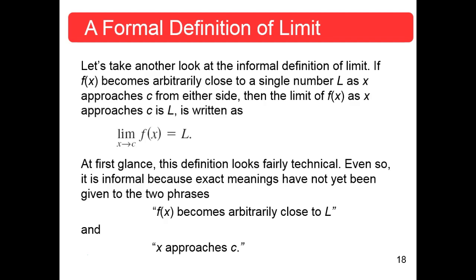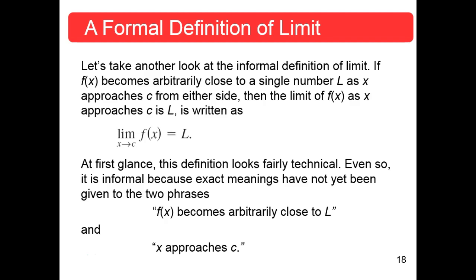And this is then what we say, the limit as x approaches c of f of x is that limit L. At first glance, that definition looks fairly technical, if you ignore the arbitrarily close, okay? But even so, it's informal because the exact meanings have not been given to the phrases arbitrarily close to L.